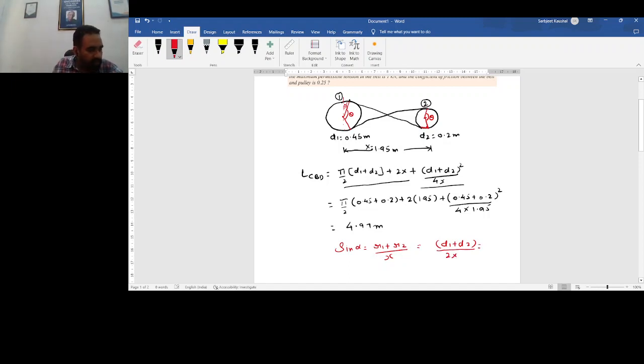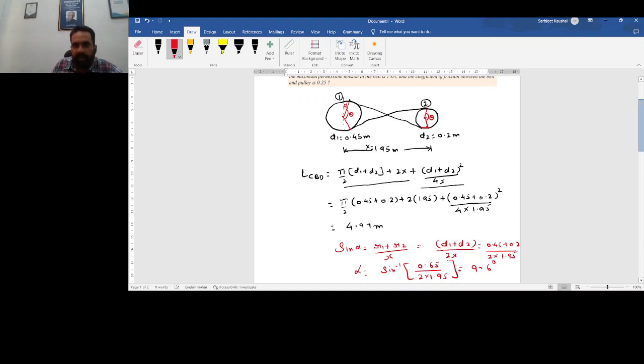So sin alpha becomes (0.45 plus 0.2) divided by 2 into 1.95. So alpha is sin inverse of 0.65 divided by 2 into 1.95, and the alpha value comes to 9.6 degree. So this is the value of alpha.